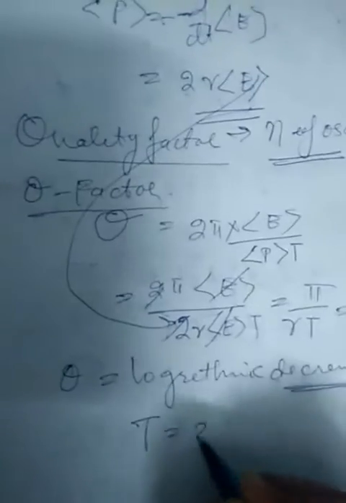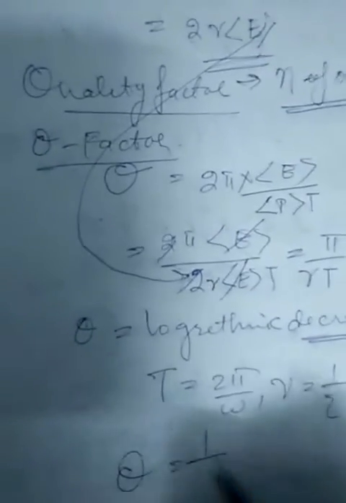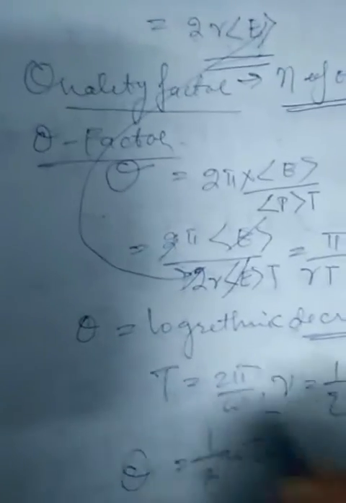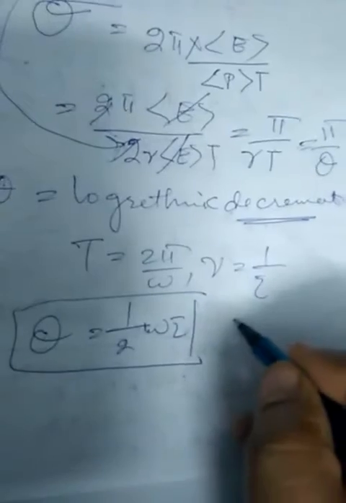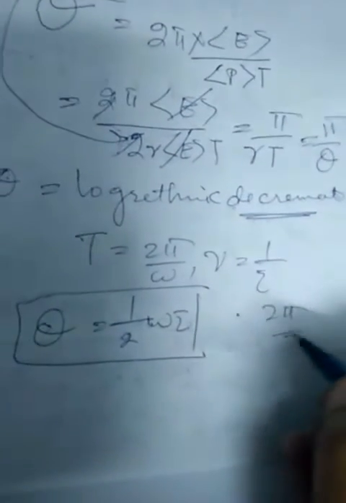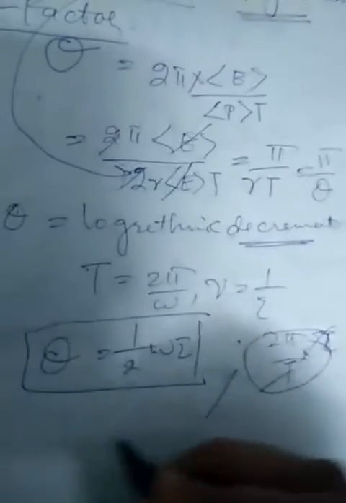Now we know that T is equal to 2 pi by omega and gamma is equal to 1 by tau. So that means Q can be written as 1 by 2 omega tau. Omega is angular frequency, T is the time period. So omega is equal to 2 pi by T, and gamma is 1 by tau, so tau cancels. So it is a dimensionless quantity.